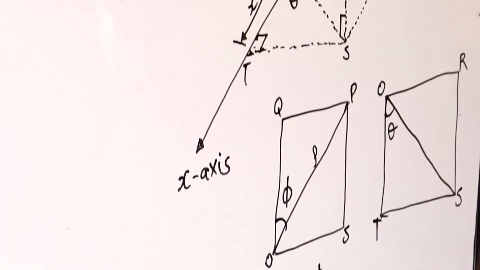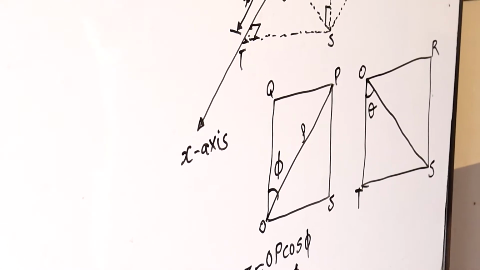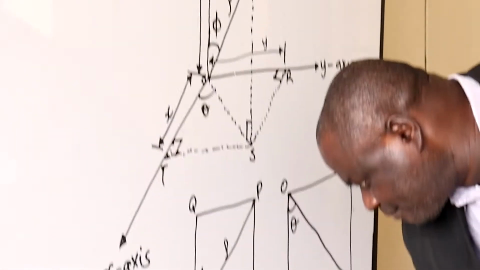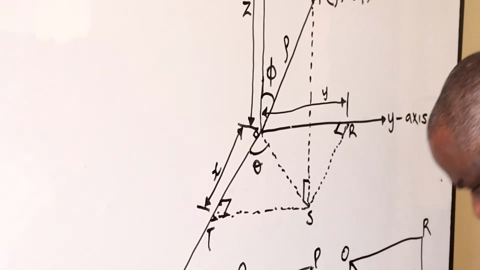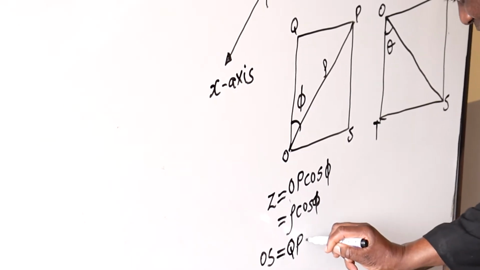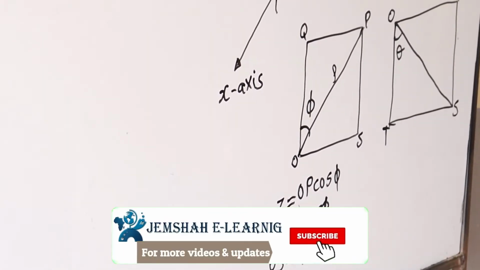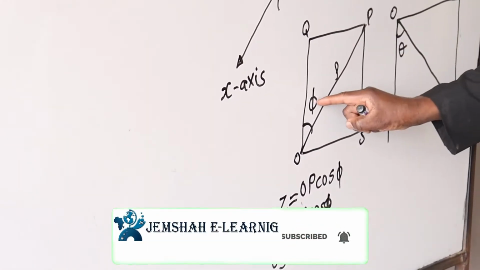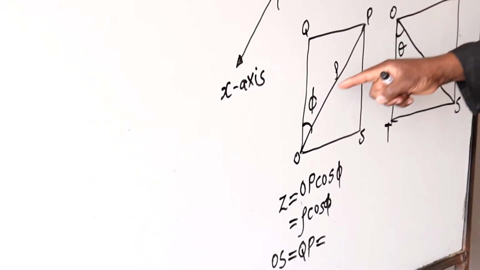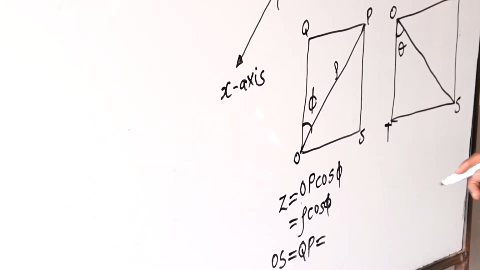Now we are also interested in OS. OS is equal to QP, and QP is the opposite side to this angle phi. An opposite side is equal to the hypotenuse multiplied by the sine of that particular angle.